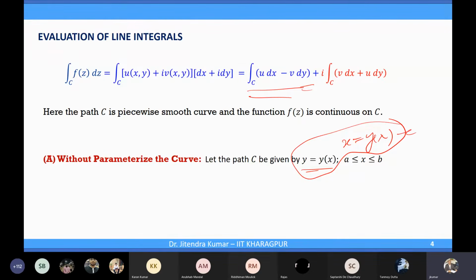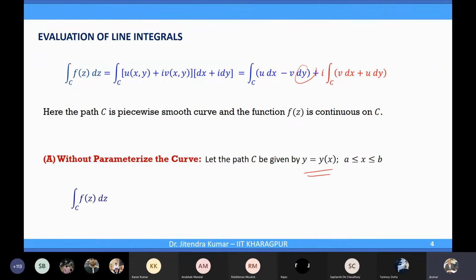So for example, if y = y(x) is given, then you substitute x, and for y you substitute y(x). That means everything is in x now. In the second term also v(x, y(x)), and then dy is also y prime dx. So then everything is over dx. We will be integrating everything over dx.